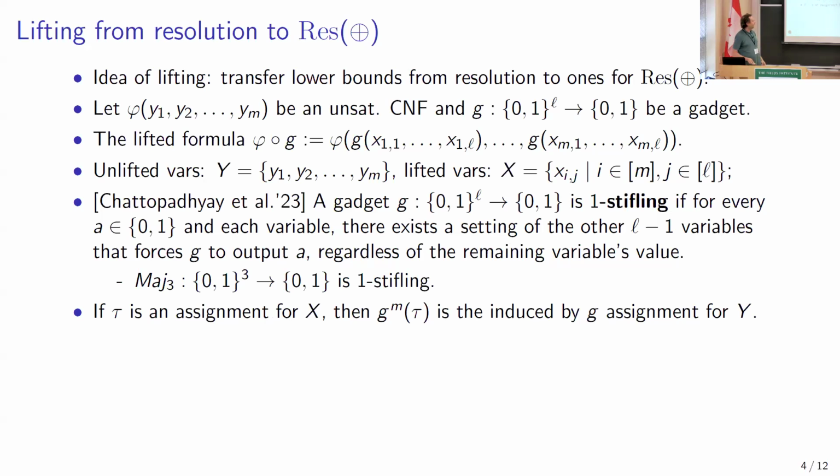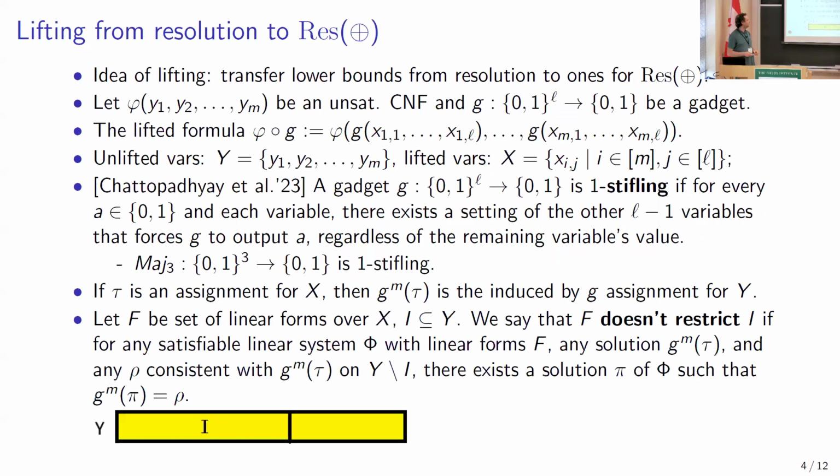Every assignment of lifted variables induces, using the gadget, an assignment for unlifted variables in the natural way. One important definition is the following. Let F be a set of linear forms in lifted variables. We want to define the notion that F doesn't restrict a set I of unlifted variables.